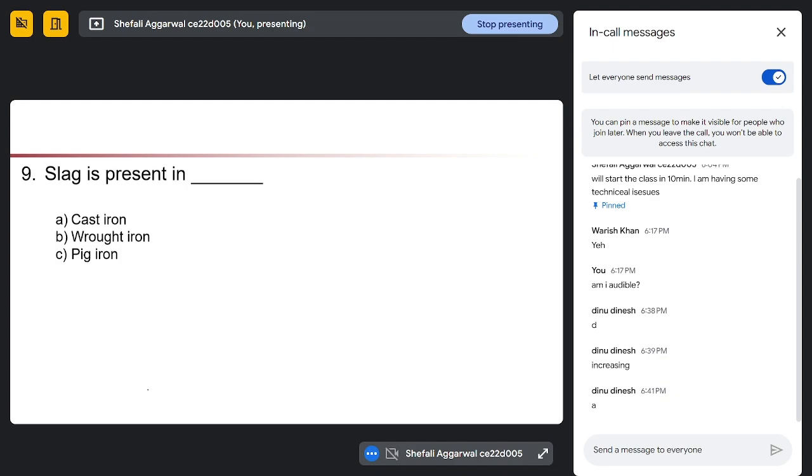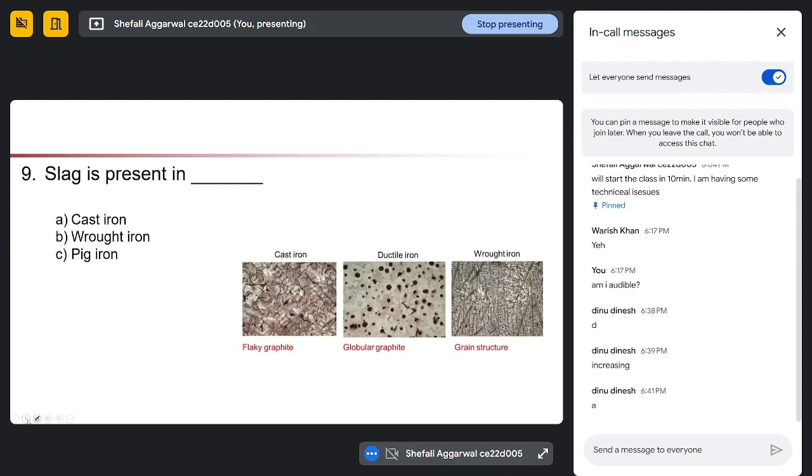If you remember, in wrought iron, we said it has less than 1% of carbon content, plus slag. Pig iron is pure iron with just natural impurities. In cast iron, some graphite is added, right? And slag was present in wrought iron.